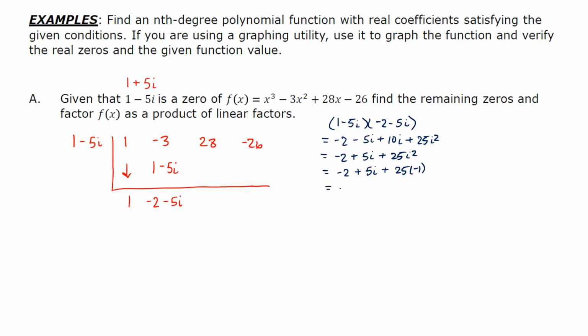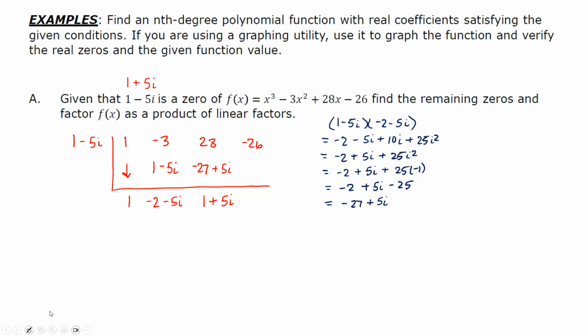So I have negative 2 plus 5i minus 25. So that's negative 27 plus 5i. I'm going to add 28, so I'll have 1 plus 5i.